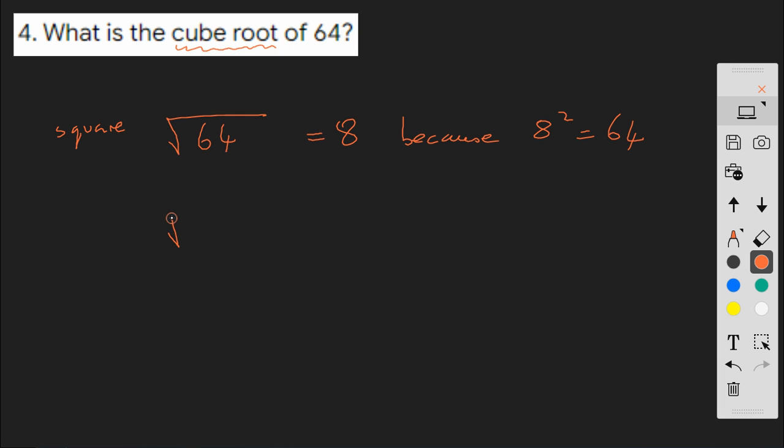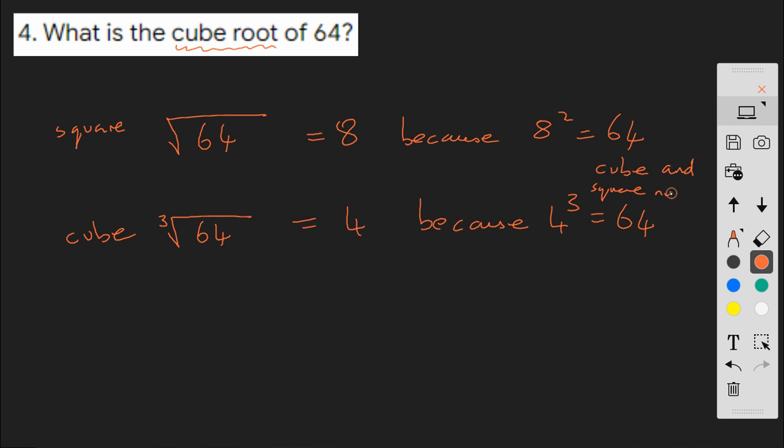But what we're after here is the cube root of 64, which equals 4 because 4 cubed equals 64. So 64 is both a cube and square number. In this instance, our answer is 4.